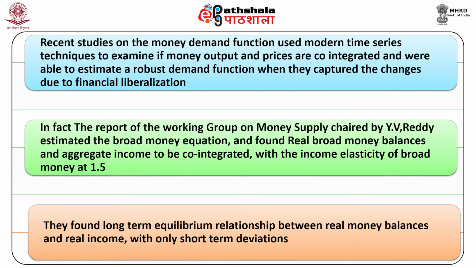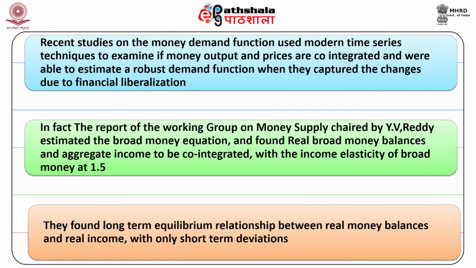In fact, the report of the working group on money supply chaired by Y.V. Reddy estimated the broad money equation and found real broad money balances and aggregate income to be co-integrated with the income elasticity of broad money at 1.5.